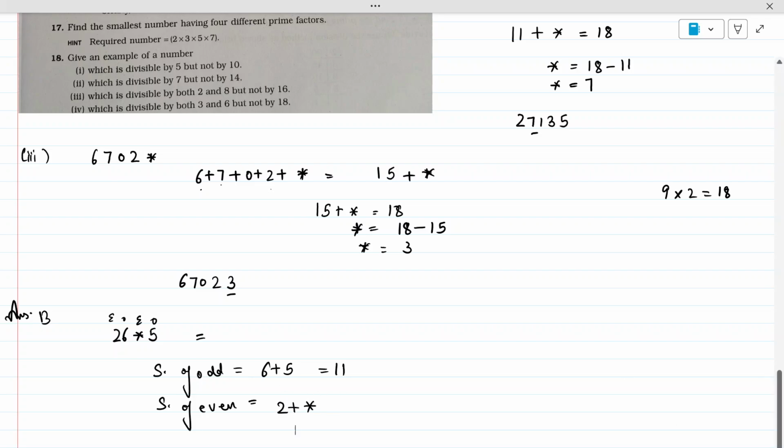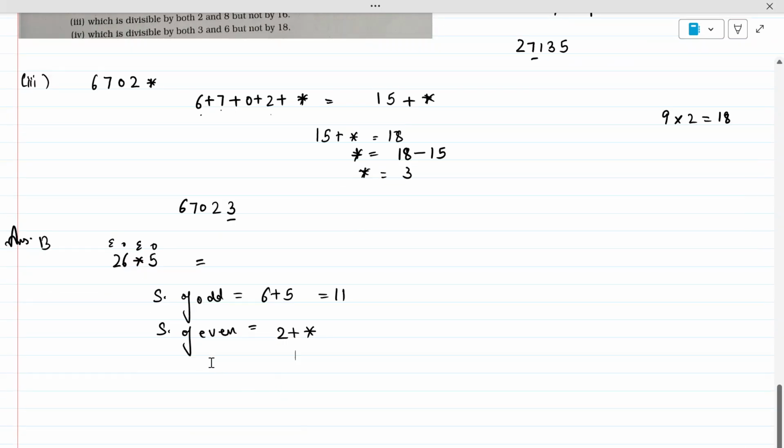And now we have to find the difference between them. And how can we do this? This is 11 minus the bracket of 2 plus star. We have to write this in a bracket. So this will give us 9 minus this star. Okay, so we have this number. Now what should we subtract from 9 so that it becomes a multiple of 11?